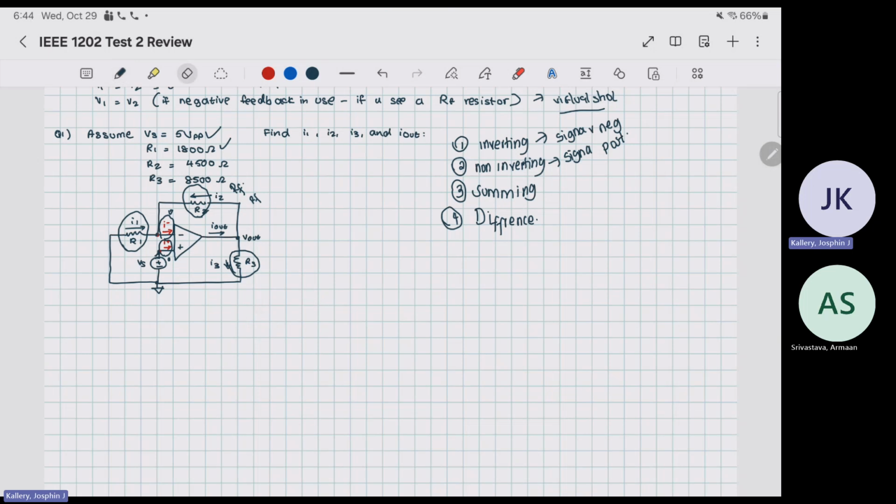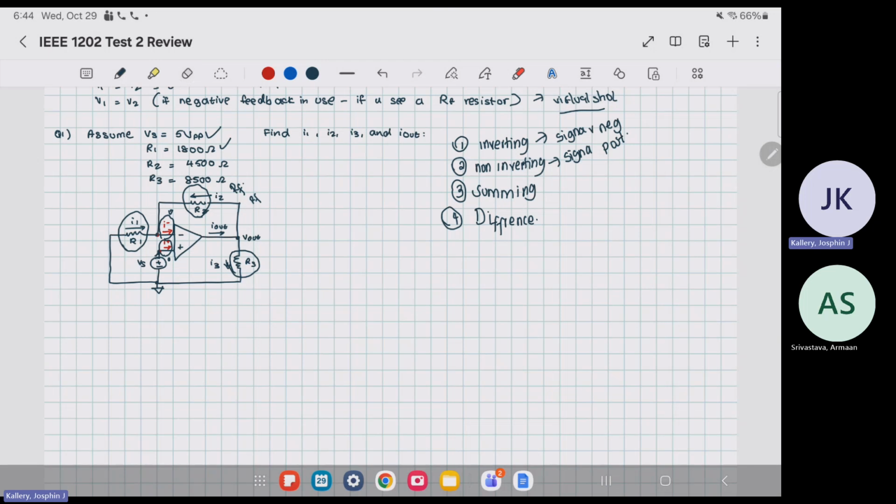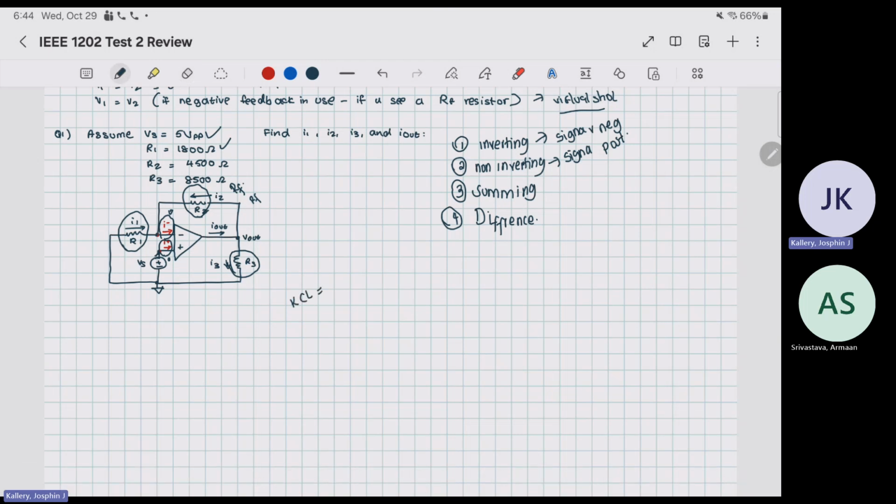If we use KCL, we know that KCL is the summation of current inside a node. If a current is coming into a node and a current is coming out of a node, the summation should be 0.